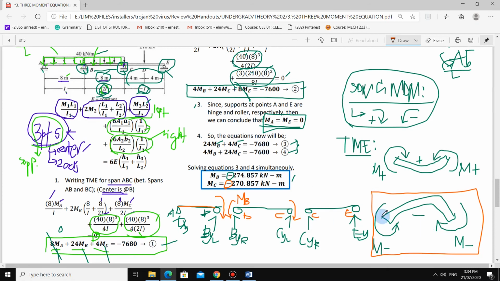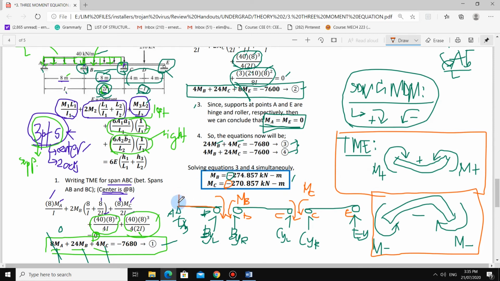So unsa man tong negative moment sa left side? Counterclockwise. Okay? So MC. Okay? So inana. Ang ato ang sign convention for three moment equation. Okay, so dili siya pareha tong sa SDM o sa MDM ha. Okay, so nag-vary na siya in this case.